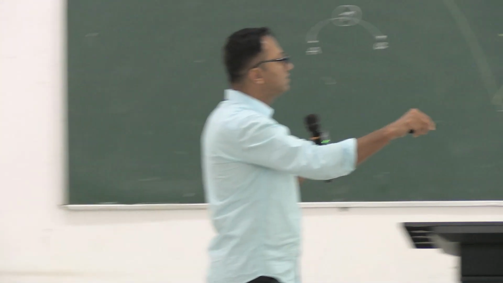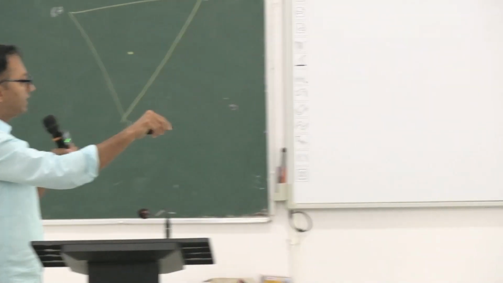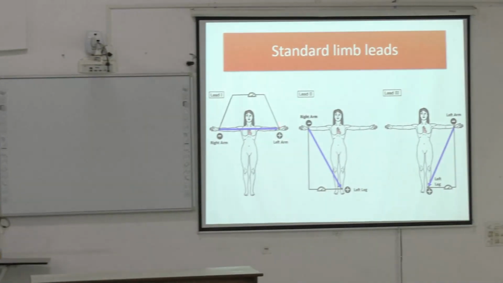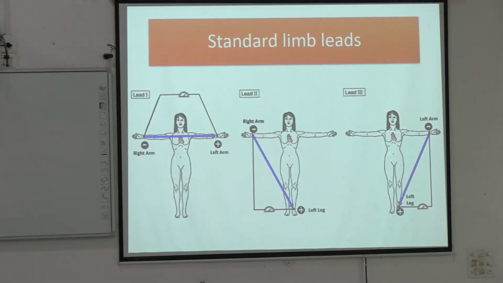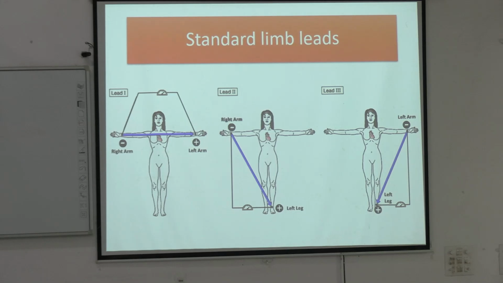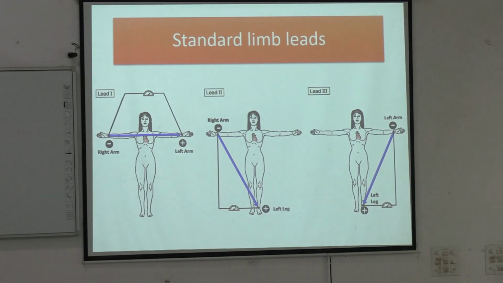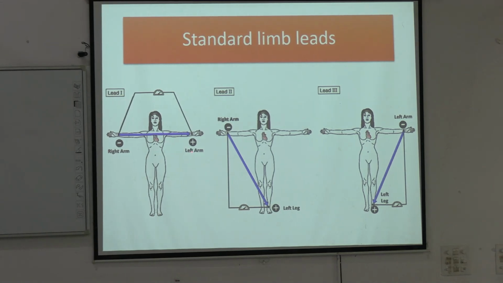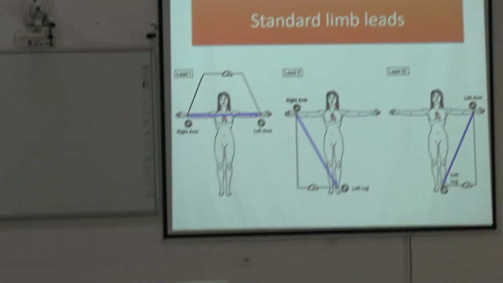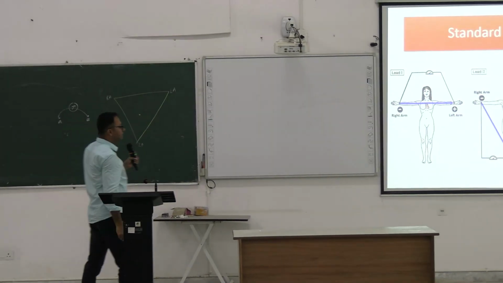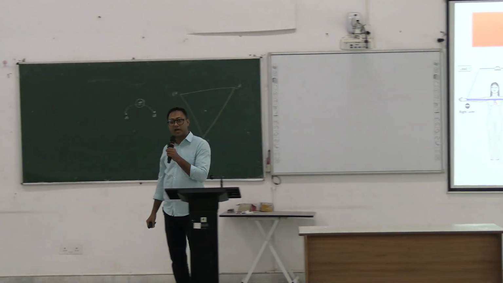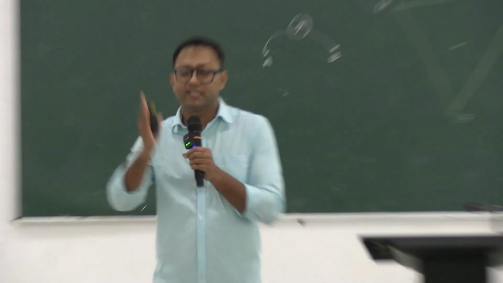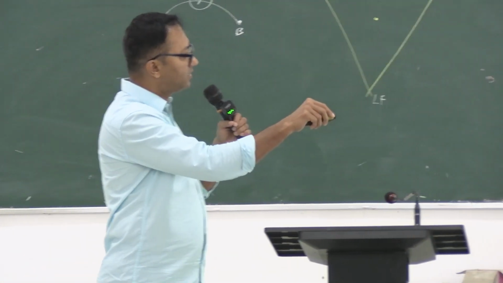So see this, I have placed one electrode here, right arm, and one electrode here, it is lead 1. Lead 1 will measure the potential difference between RA and LA, and lead 1 is also capable of detecting flow of electricity in this direction.